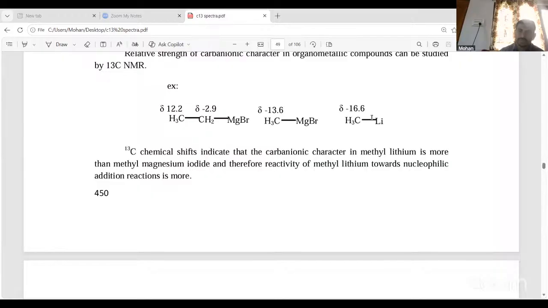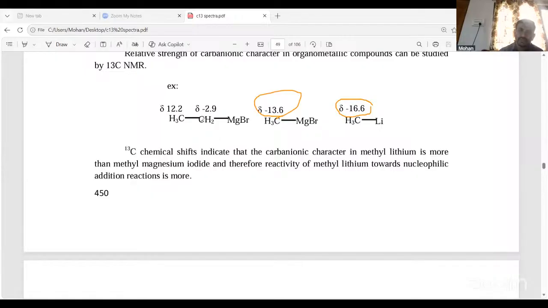The one whose carbon has the lower chemical shift value is the more reactive organometallic reagent. Now you see methyl magnesium bromide is showing a delta value of minus 13.6, and methyl lithium has minus 16.6.